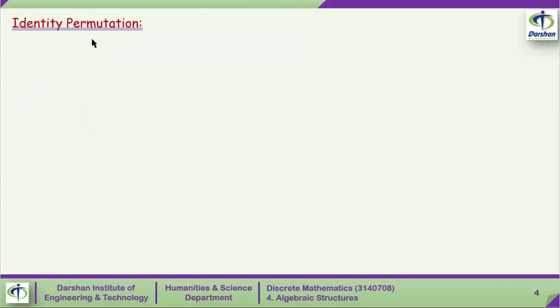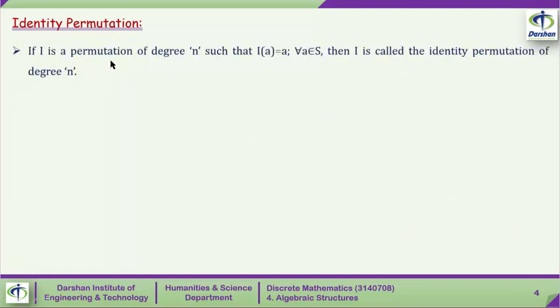Now we define the identity permutation. If I is a permutation of degree n such that I(a) = a for all a belonging to S, then I is called the identity permutation of degree n.